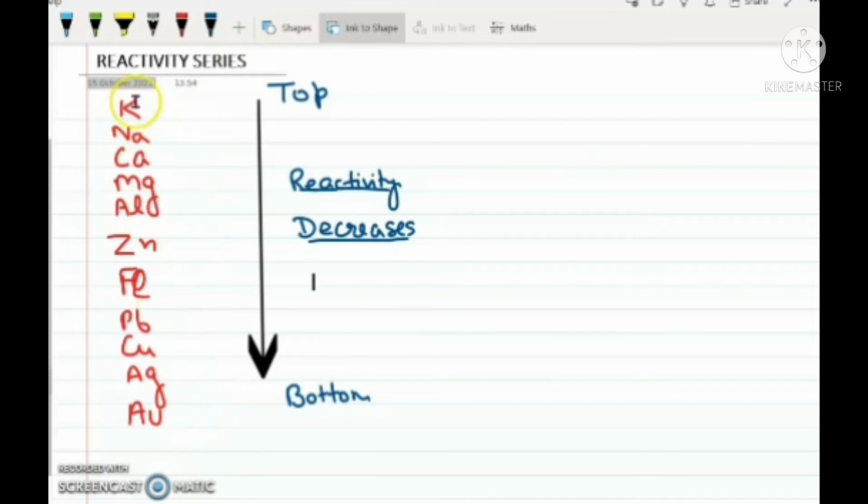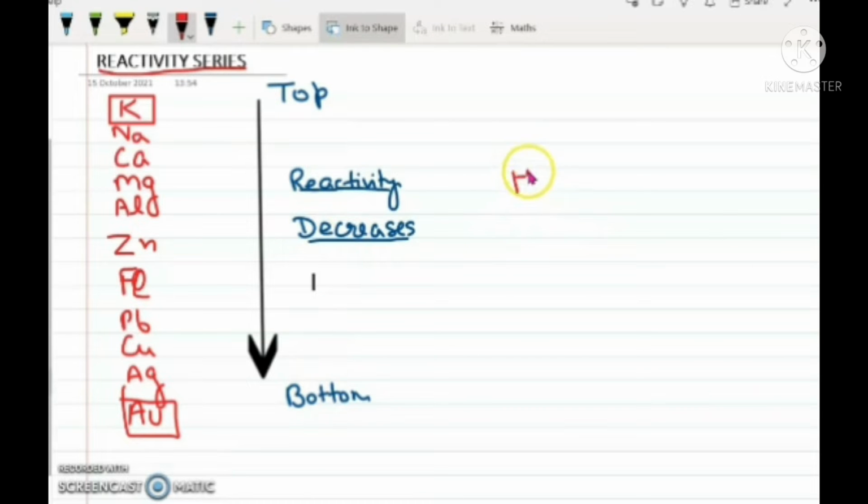The elements at the top are the most reactive ones, and as we move down the series we reach the comparatively lesser reactive ones. The reactivity decreases as we move from top to bottom.